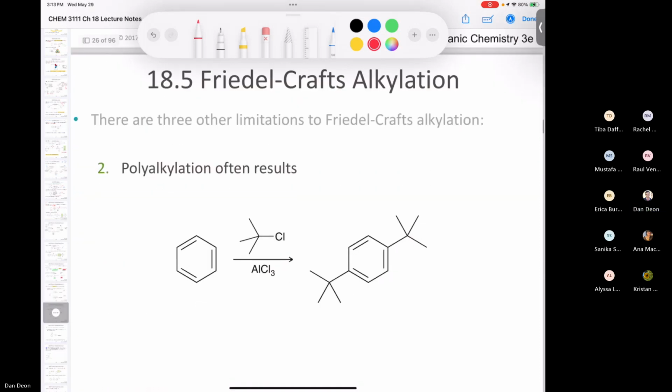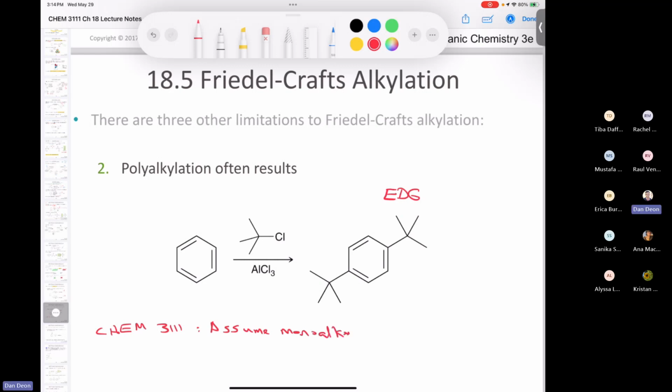All right. The next one is polyalkylation. Once you add one alkyl group, alkyl groups are electron donating groups, which actually activate the ring to be even more reactive. However, in Chemistry 3101, we will assume monoalkylation.